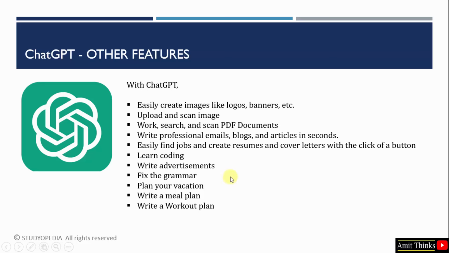Let's say you have a text, a complete paragraph, you want to check the grammar and spellings in it, you can directly do it with ChatGPT. ChatGPT can also be an assistant in planning your vacation, in planning your meal. Let's say you want a dish high in protein, you want the recipe for it, you can use ChatGPT for it.